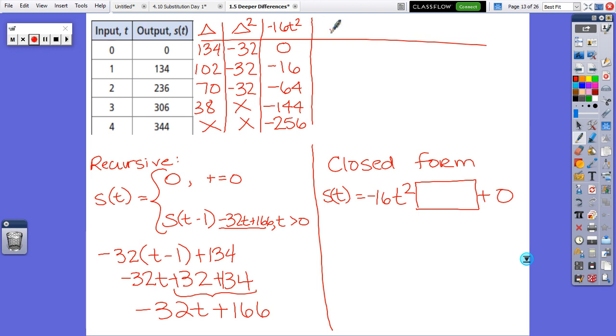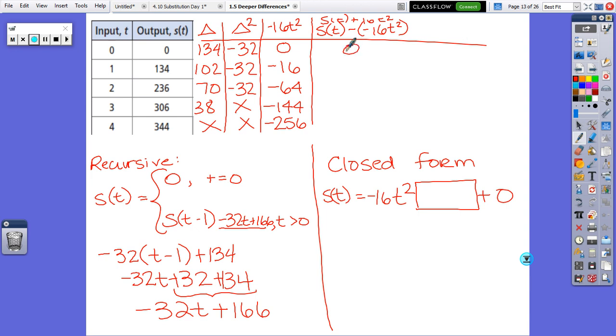So the next thing we're going to do is we're going to take our output and subtract negative 16t squared. So what it's going to look like is S of t minus a negative 16t squared. Because it's got these two negatives here, really what we're saying is S of t plus 16t squared, okay? So we're going to take this column and add this column, this column, add this column. Okay, so if we take 0 plus 0, we get 0.